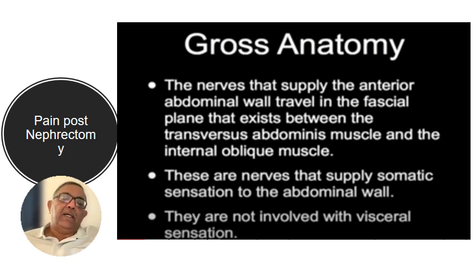However, the use of blocks like the TAP block is increasingly recognized as a way of avoiding complications related to oral or injectable analgesics. We know that there are several nerves that supply somatic sensation to the abdominal wall, and they are not really involved in visceral sensation.